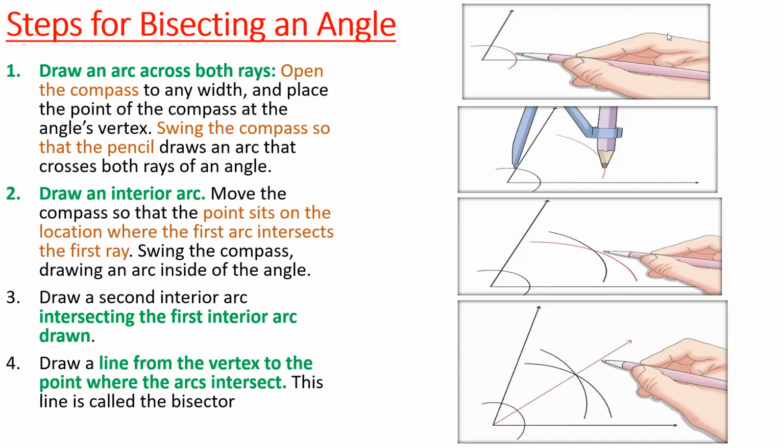Move the compass so that the point sits on the location where the first arc intersects the first ray. Swing the compass, drawing an arc inside of the angle. 3. Draw a second interior arc, intersecting the first interior arc drawn. 4. Draw a line from the vertex to the point where the arcs intersect. This line is called the bisector. Very good. So what do we call a line that intersects the 2 arcs?